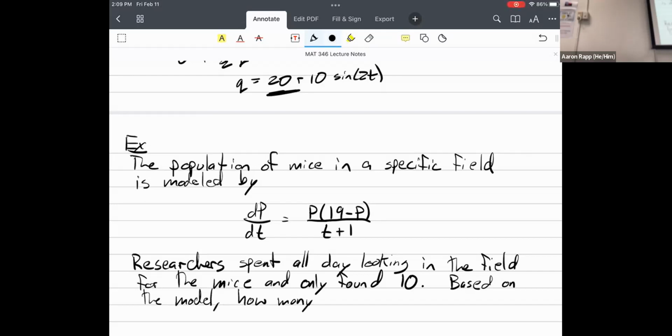How many mice would they expect to find 8 days from now?